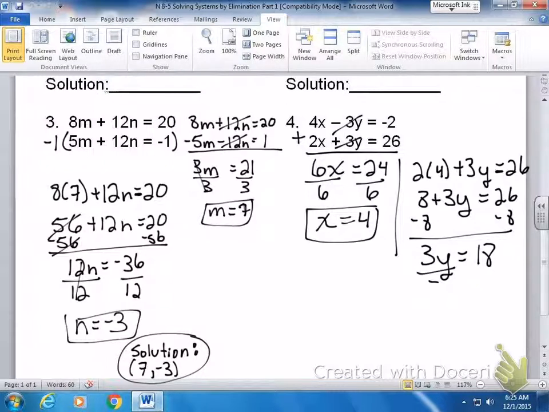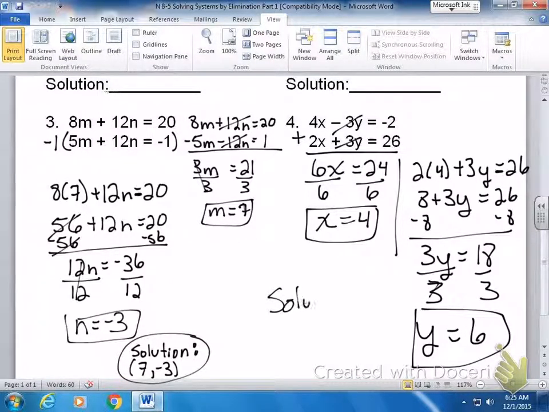I divide both sides by 3 to solve for y, and I get y equals 6. So I have a solution of 4, 6.